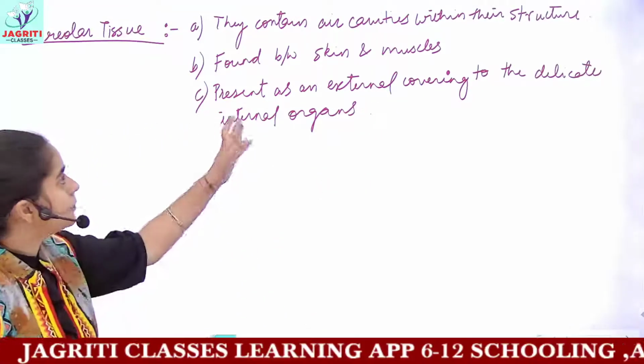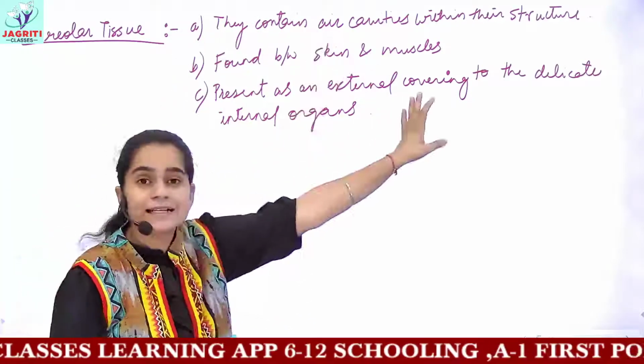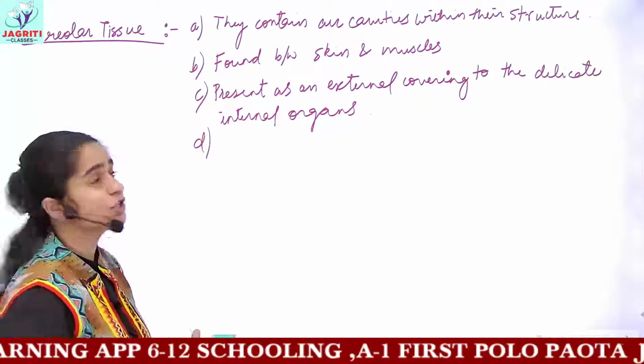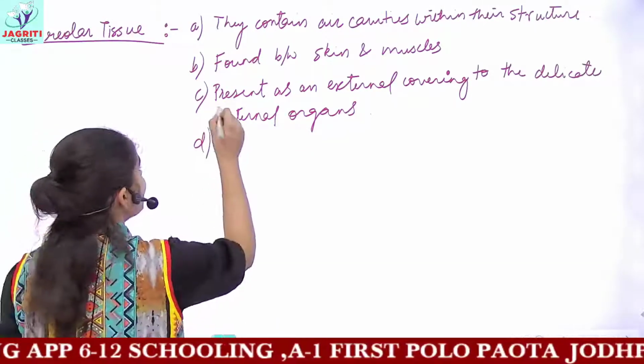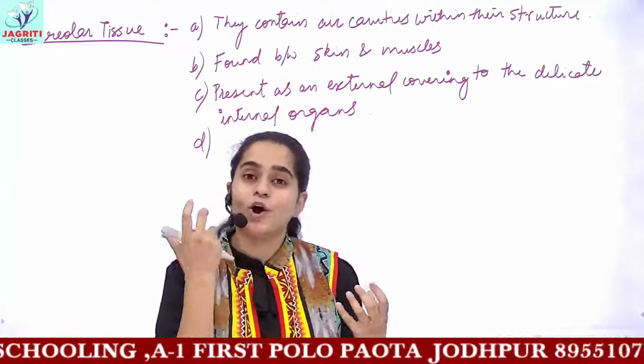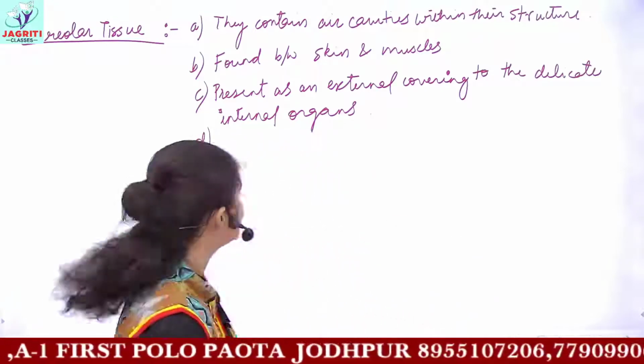So these are the places where they are found, and they contain air cavities. Now what is the function of areolar tissue? This areolar tissue helps to prevent the organs or body parts from external mechanical shocks and injuries.